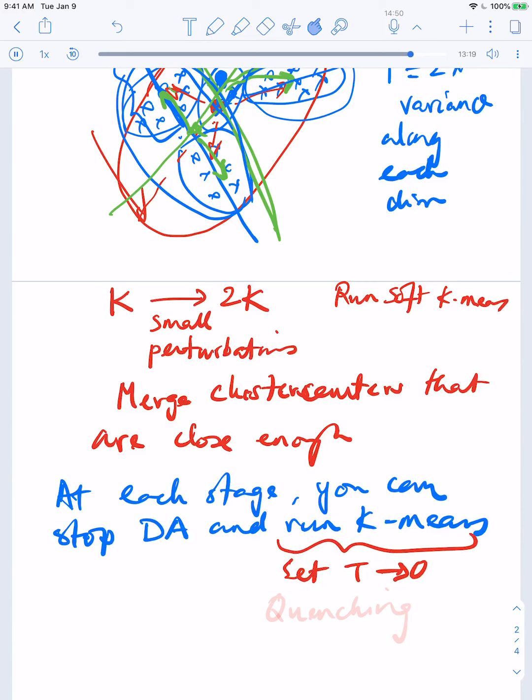We've seen that soft k-means degenerates to hard k-means. Because you're cooling, that's the idea of lowering the temperature, and at the very end you're just making the temperature 0. This procedure is called quenching. In this process, you're doing a slow reduction in temperature, running soft k-means to convergence at each place.